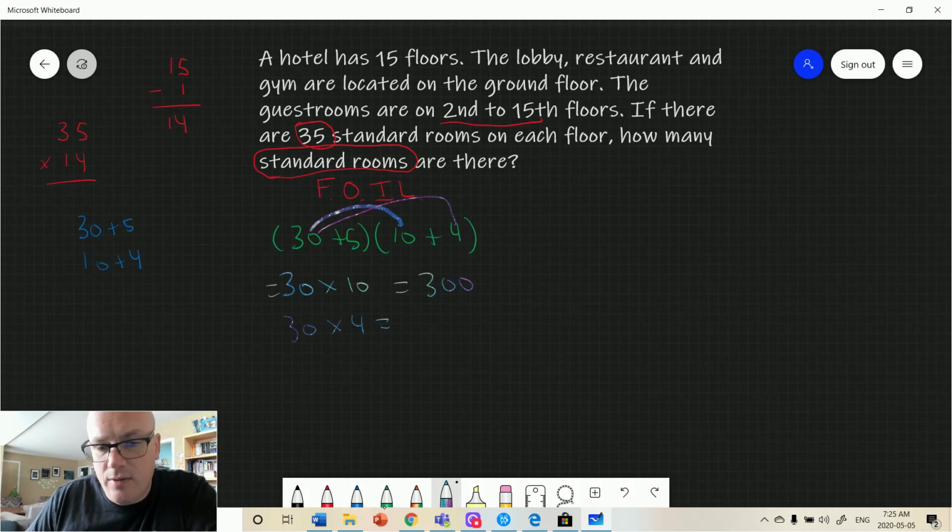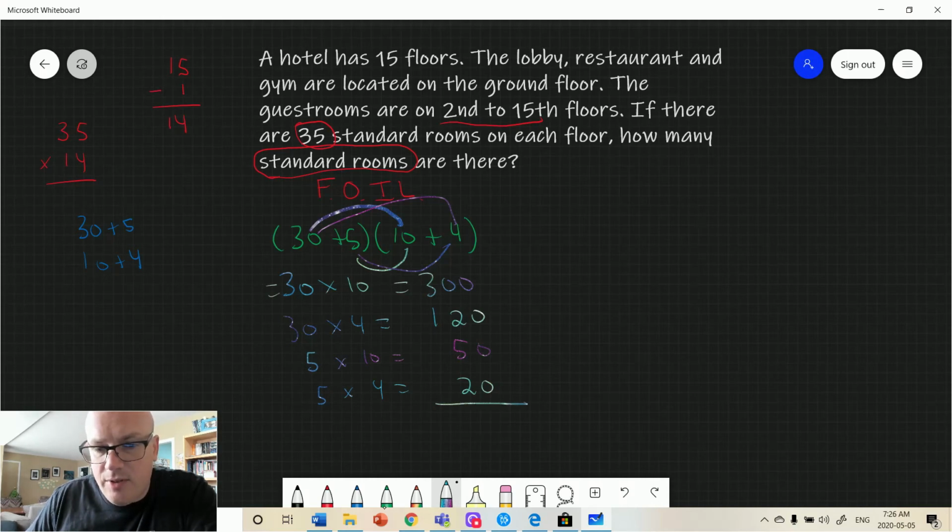Add a 0, 120. Next we have now the inner numbers. The 5 and the 10, these are the inside ones. 5 times 10 equals 50. Lastly, we've got 5 times 4. 5 times 4 equals 20.